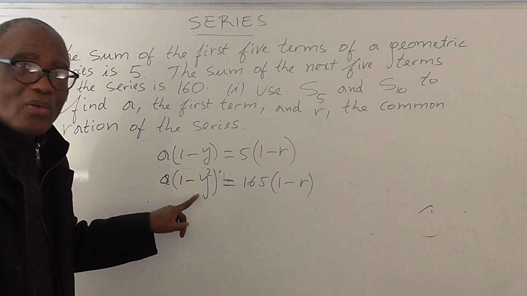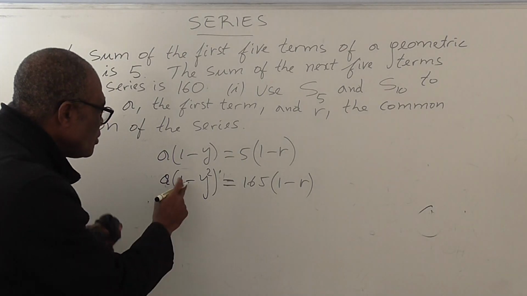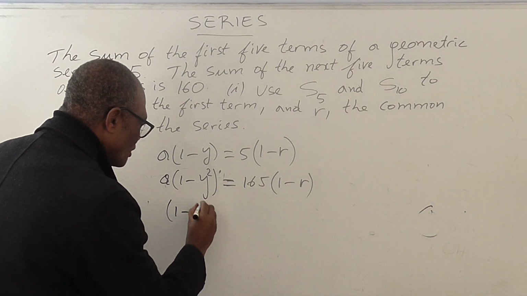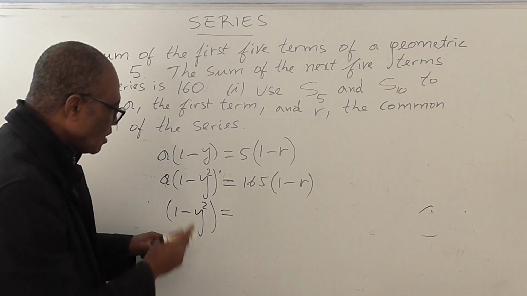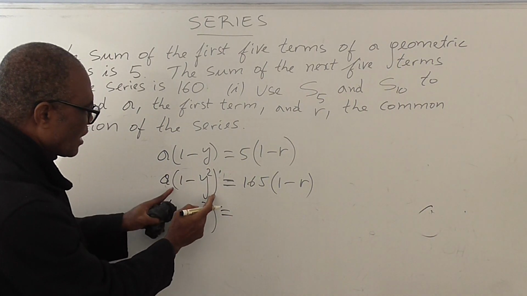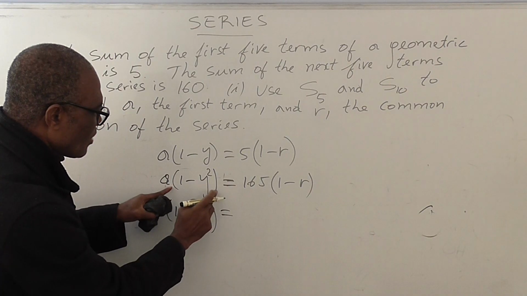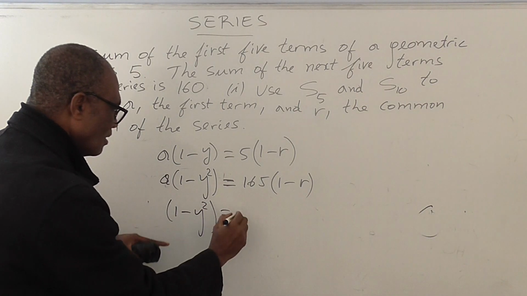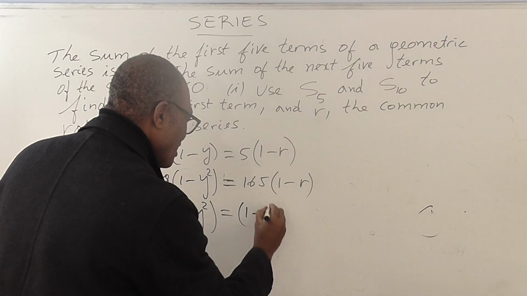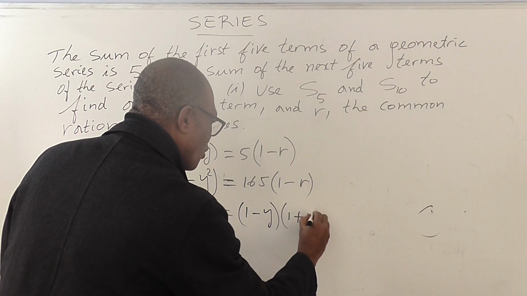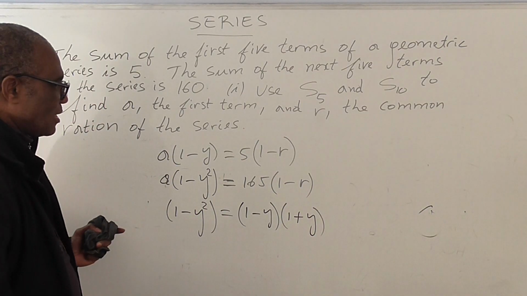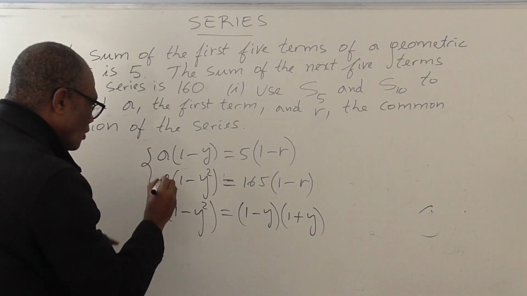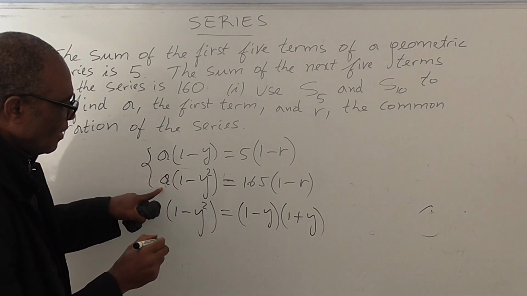Look what I have. But we know that 1 minus y squared is equal to what? So this second bracket, I can write it as 1 minus y bracket 1 plus y. Don't forget the simultaneous equation that we're going to solve will be there.